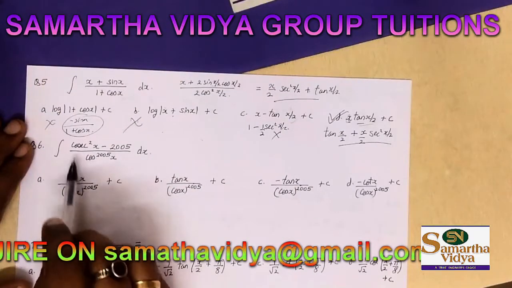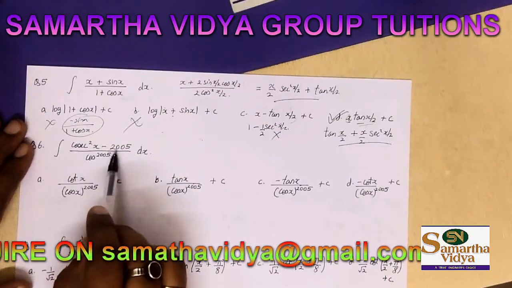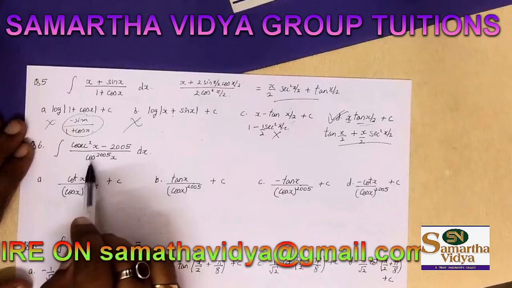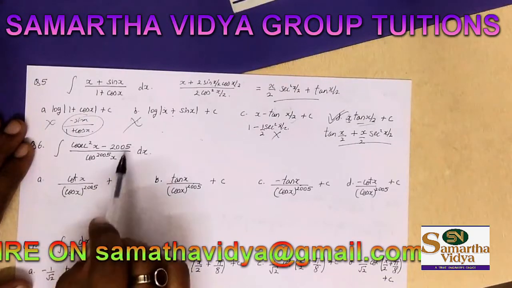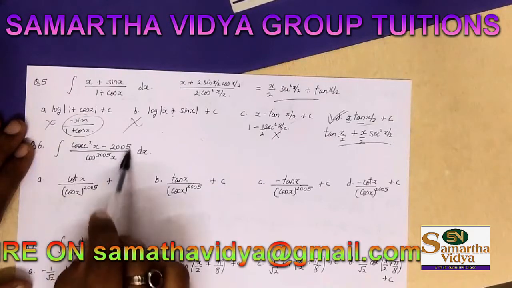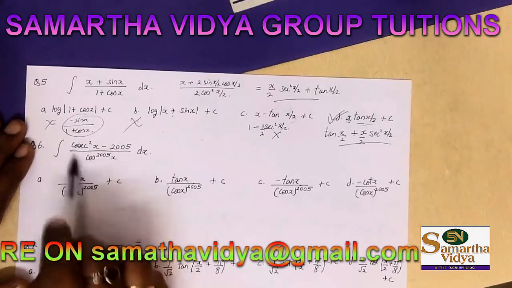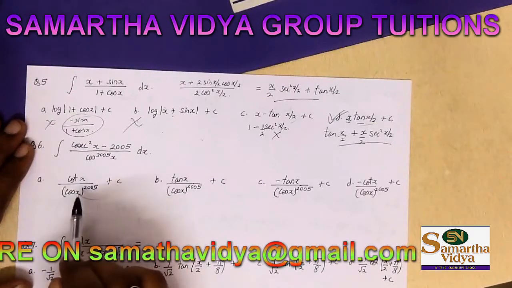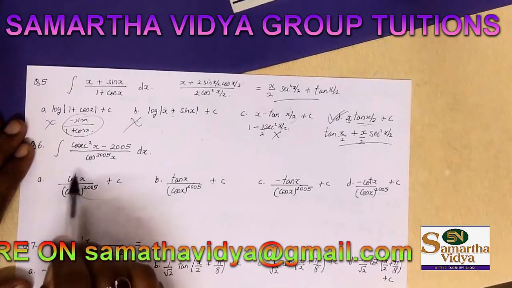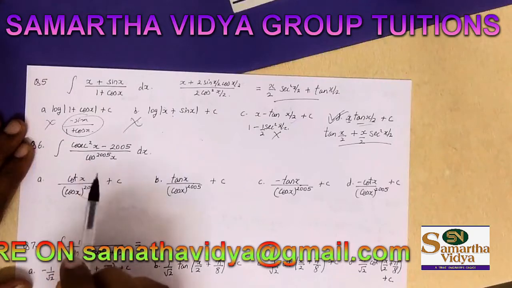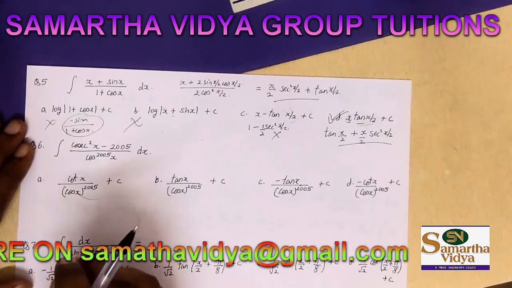Moving on to the next one, we have the integration of (cosec square x minus 2005) divided by cos 2005x dx. Again, this type of question can be difficult to solve from the question itself, so we can proceed from the answers which are given. But in this also, solving the derivative part is going to be difficult.